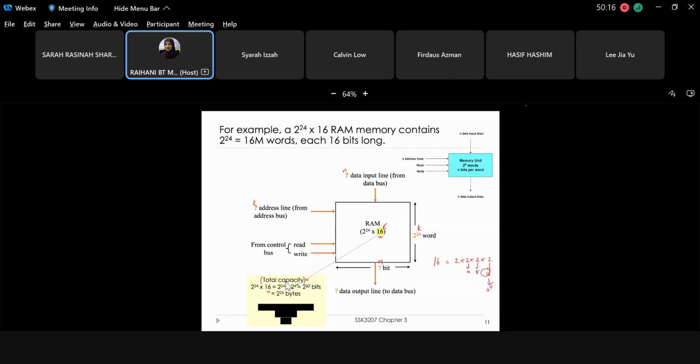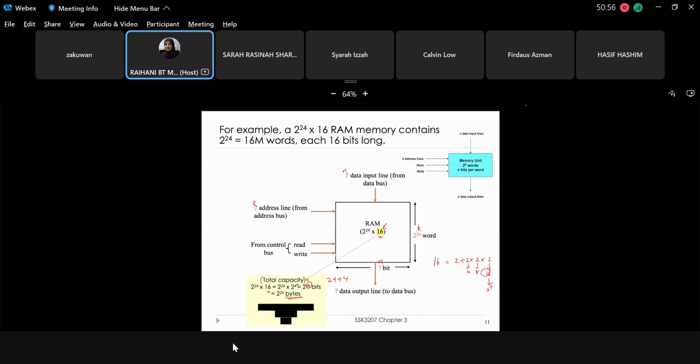So it equals 2 to the power of 28 bits, because 24 plus 4 gives you 28. Then 2 to the power of 28 bits in bytes is 2 to the power of 25 bytes. How do you get that, class?